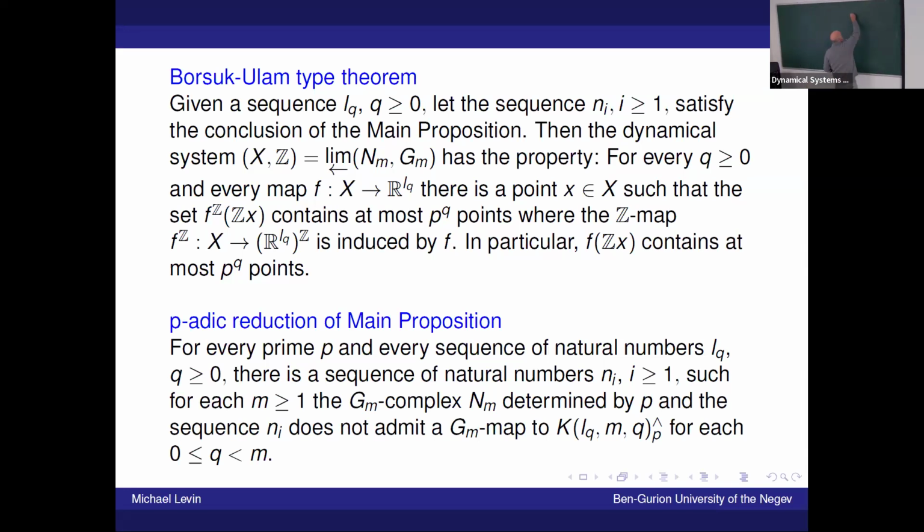Okay, so each N_m is the sphere. And from each one, we have the action of G. Okay, and we have the action on the product.